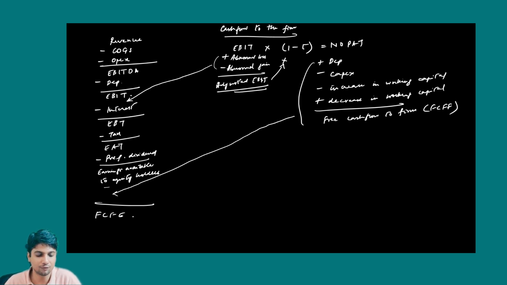So this is how we will find out free cash flow to equity and free cash flow to firm. If we are using free cash flow to firm, then we will discount it using weighted average cost of capital to find out the firm value. If it is free cash flow to equity, then we will discount it using cost of equity to find out the equity value. Okay, so this is done.